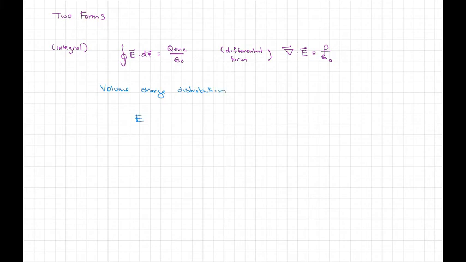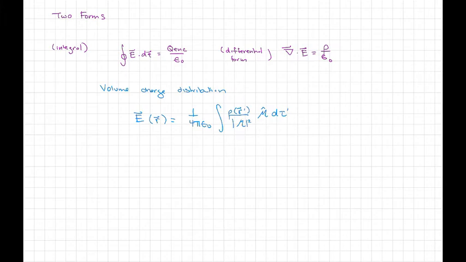That basically says the electric field at some point r is going to be equal to 1 over 4 pi epsilon naught times the integral of some general volume charge density evaluated at the position of the source charges, divided by our separation vector squared, times our r hat, that unit vector that points in the direction of the separation vector, evaluated over the total volume of the source charge.